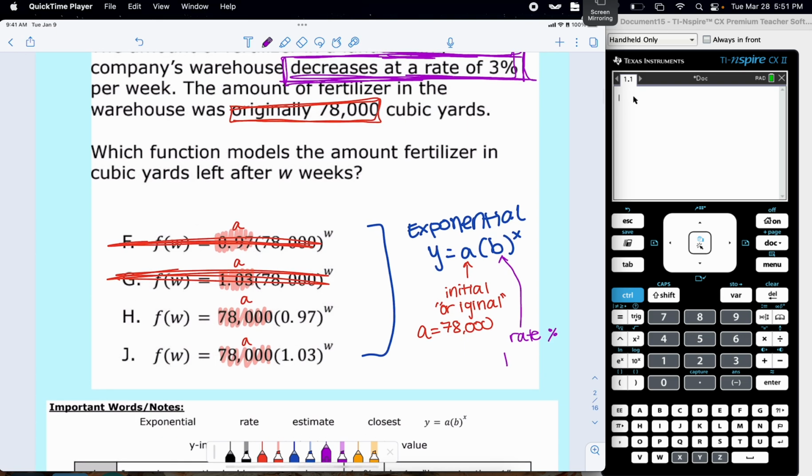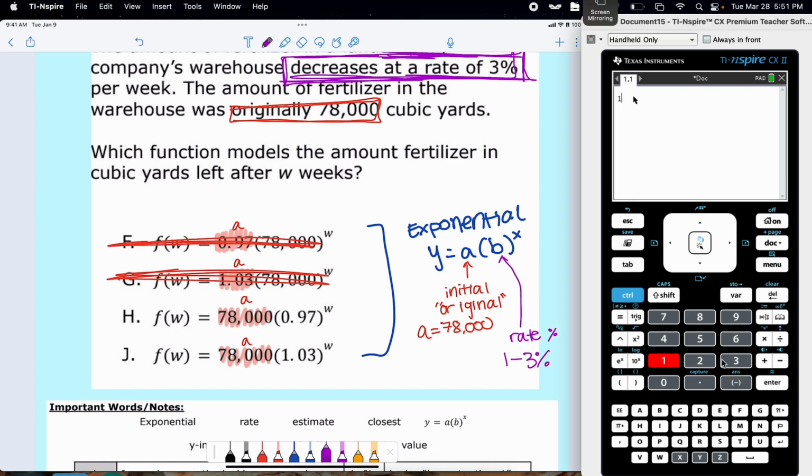So we're going to do 1 minus 3%. Then we find the percent button, and do Control, Enter, and it gives us 0.97. So the only one that has 0.97 is H.